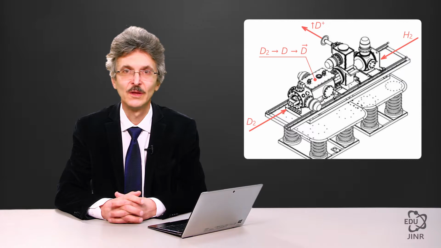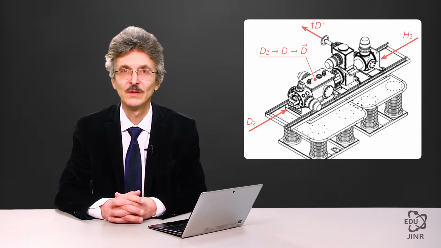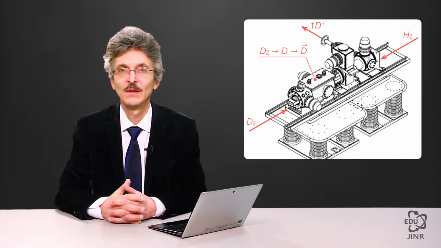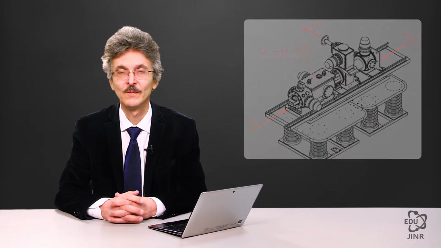Basically, this source may also be used to generate the beams of polarized helium-3 ions, but the intensity would be a lot lower. Depending on the requirements of a physics experiment, this mode may, in principle, be implemented too.